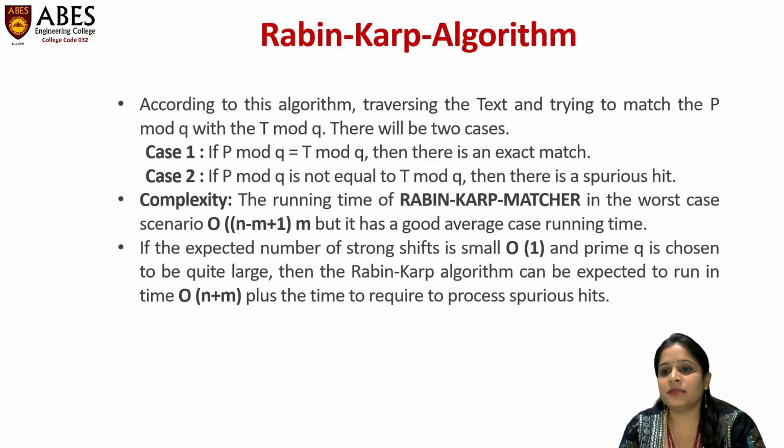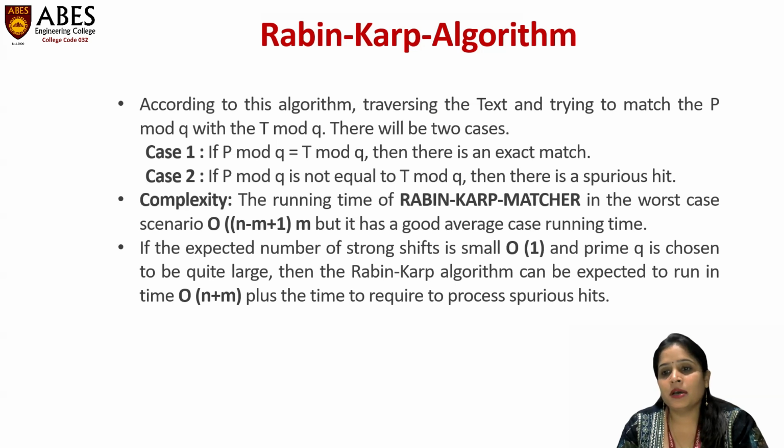Case one: if our p mod q value is equal to t mod q value, then there is a match. If our given hash value is found in the given text, only then do we analyze the pattern. If p mod q is not equal to t mod q, then there is no match. So in the Rabin-Karp algorithm, we find two kinds of hits: the valid hit and the spurious hit.